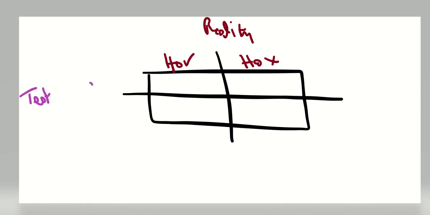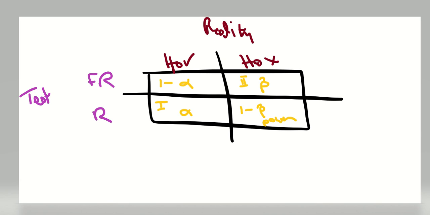Either your test fails to reject or rejects, based on the p-value, of course. Out of that, you get either a correct decision, which is 1 minus alpha, or a type 1 error, usually called alpha, or a type 2 error, which we call beta, and lastly power, which is 1 minus beta.